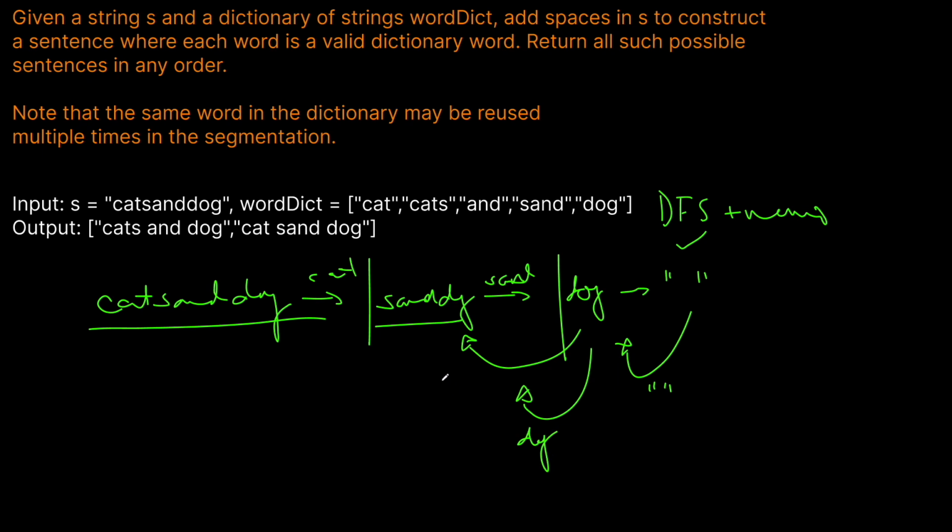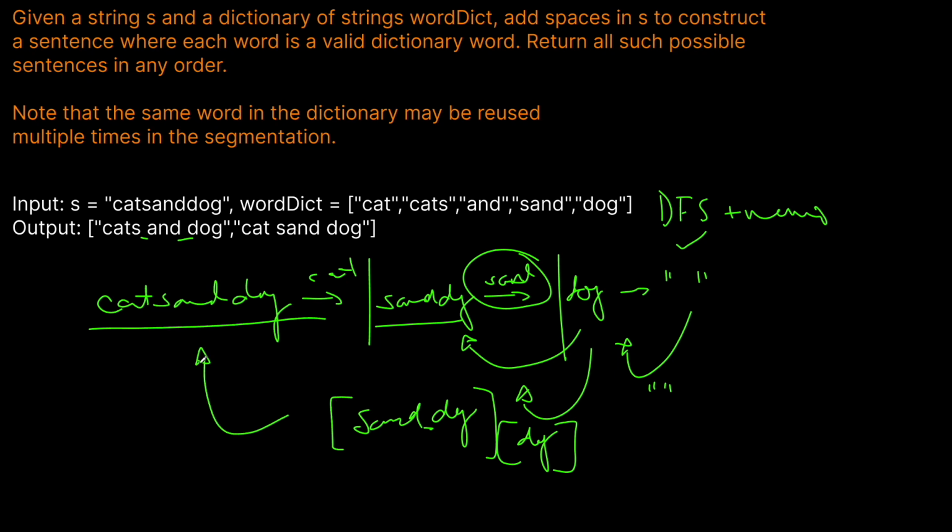Then from sand dog, we use the split we just had, sand, and add that to the solution we got back from calling it on dog, which is just dog. We concatenate these two strings with a space in between them. As you can see, there needs to be a space here. Then we send that to cats and dog, and keep going.